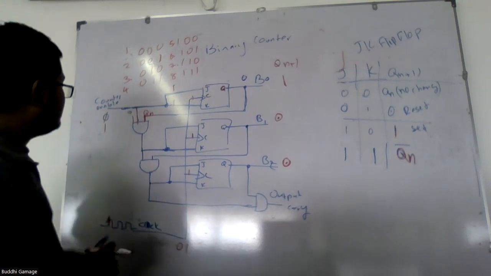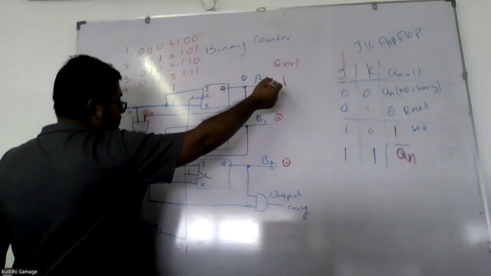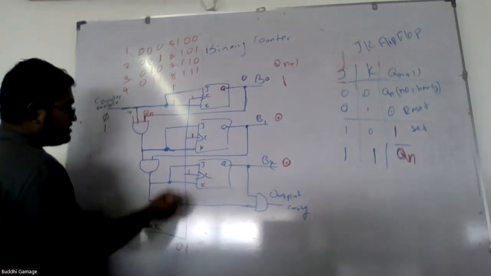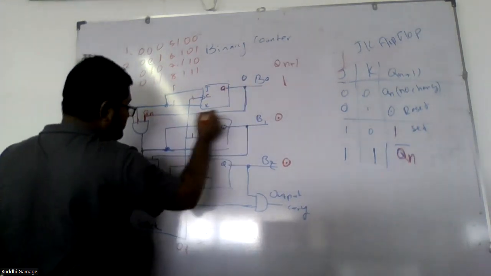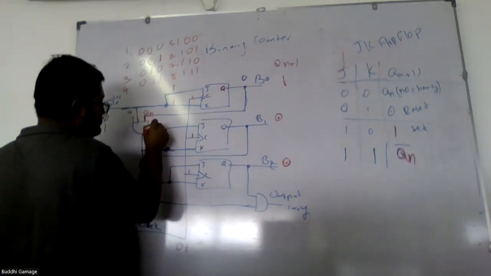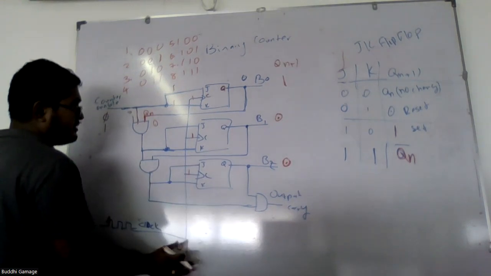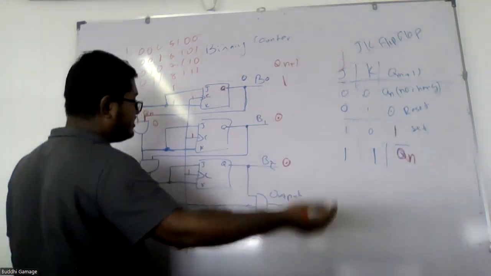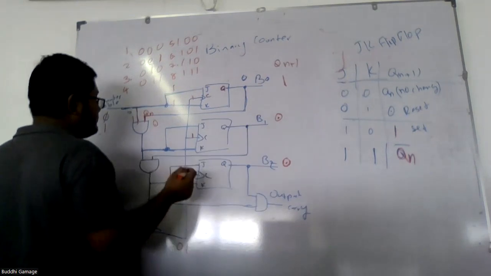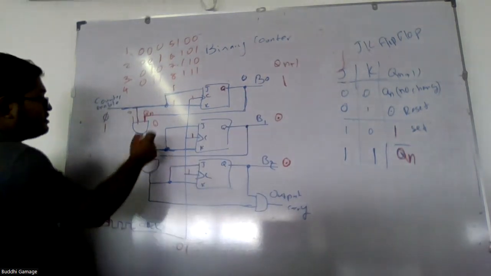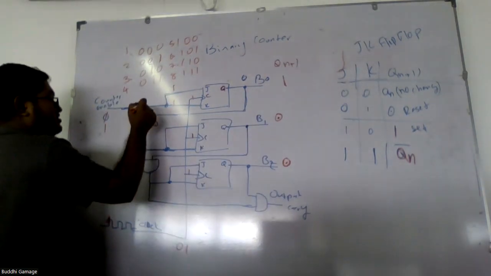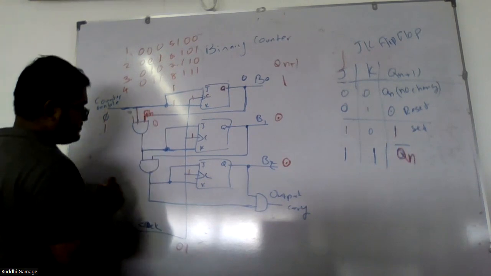The reason is the time before this happened, this whole particular line consists of 0. Only after this particular line, the next immediate one will be changed to 1, right? But it's not going to change this output. So here it is 0, right?